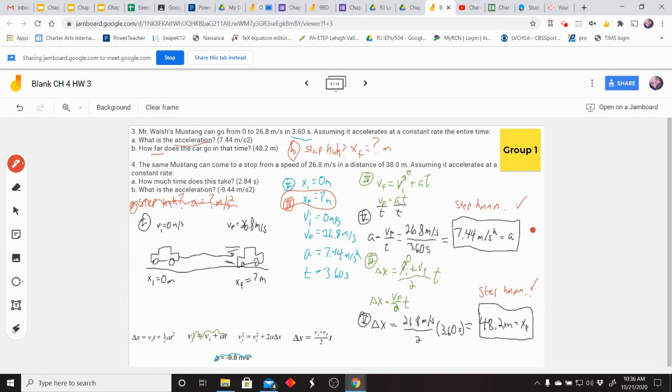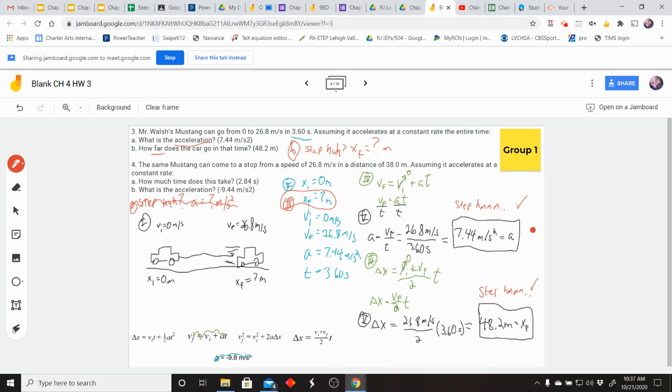So that's how you do 3A and 3B. Now, a little bit of warning about 4A and 4B. It's the same car. It's a Mustang. Only this time it's going to go from 60 miles per hour, 26.8 meters per second, to a stop in 38.0 meters. So yeah, it's the same car. However, this time we're testing the brakes and not the engine.